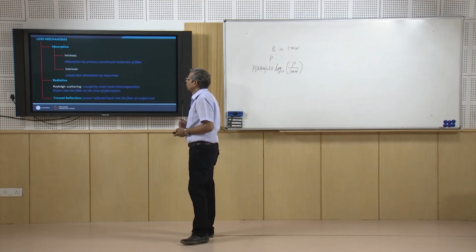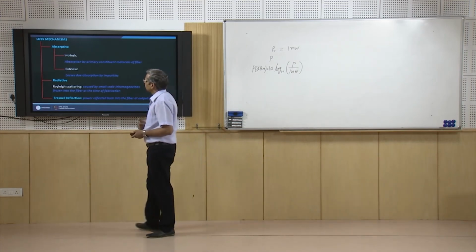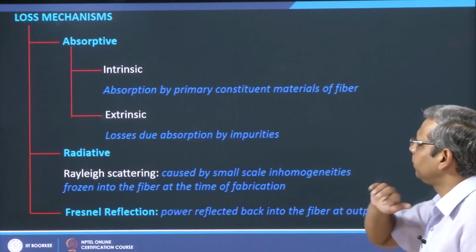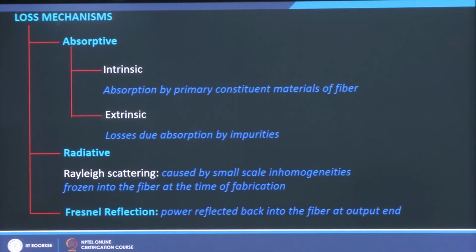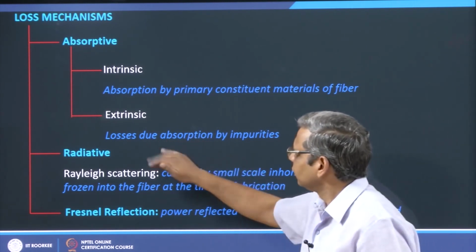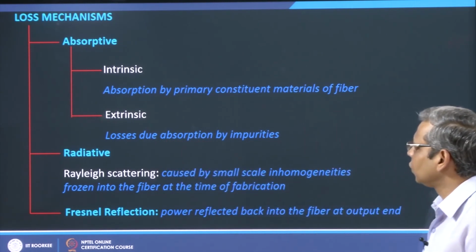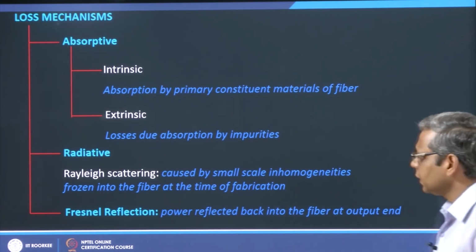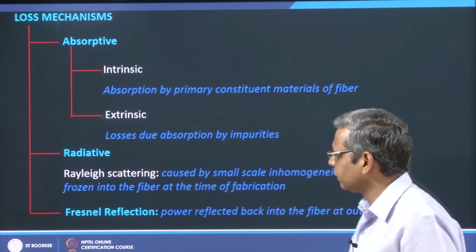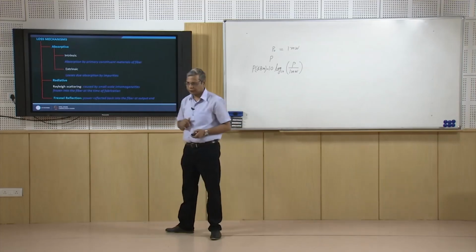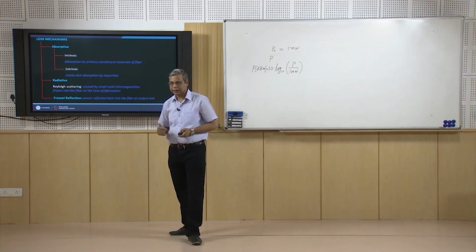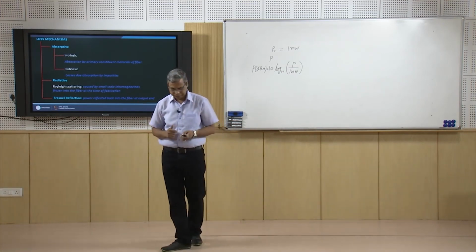In absorptive loss mechanisms, I divide it into two: intrinsic, which is the absorption by primary constituent materials of the fiber, and extrinsic, which is the loss due to absorption by impurities. In radiative, it is primarily Rayleigh scattering, and then we have Fresnel reflection, which is caused by index contrast at the output end of the fiber.